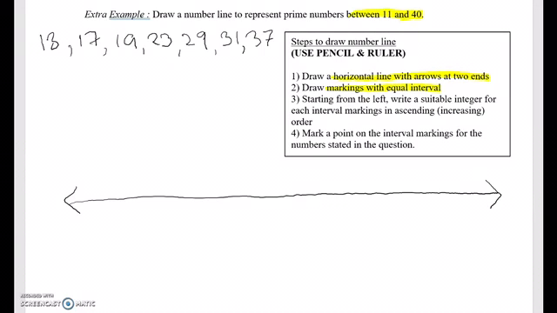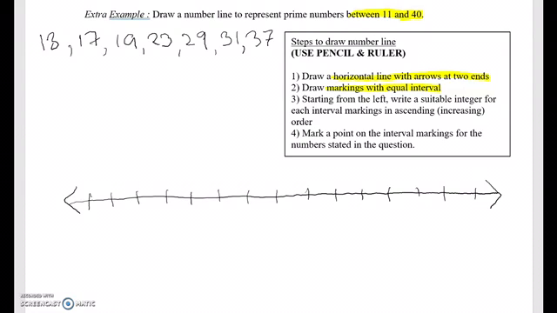Please use your ruler markings, if possible, for each interval so that they are equal. However, since I do not have a ruler, I am estimating each interval to ensure that they have equal spacing.